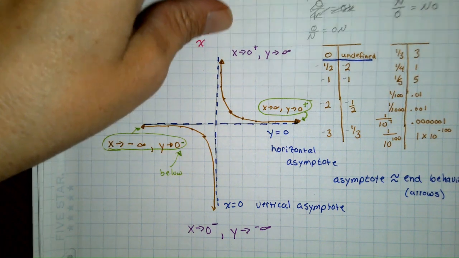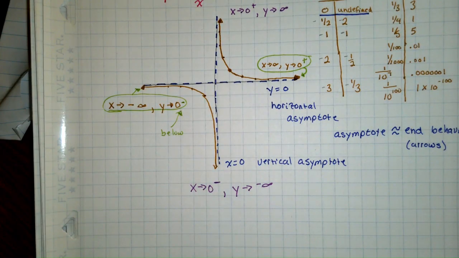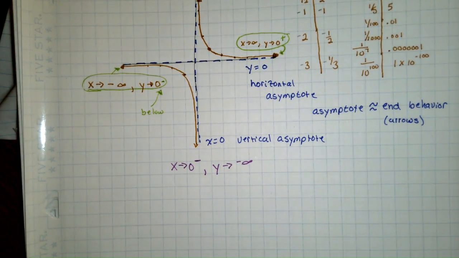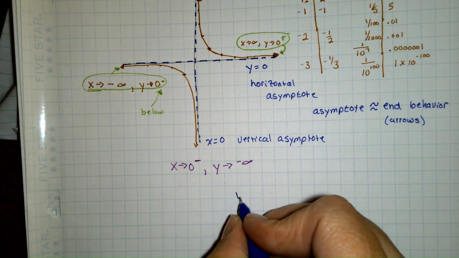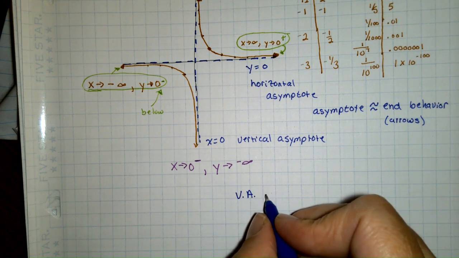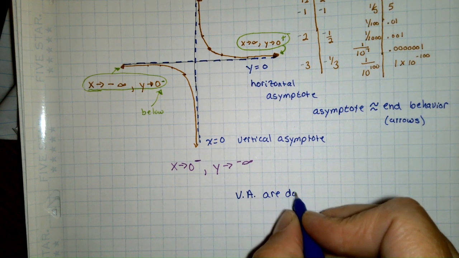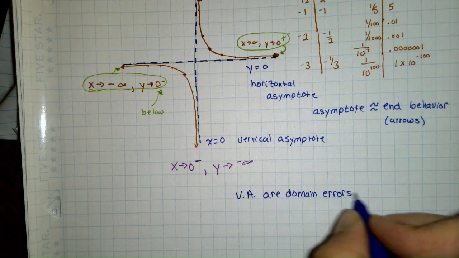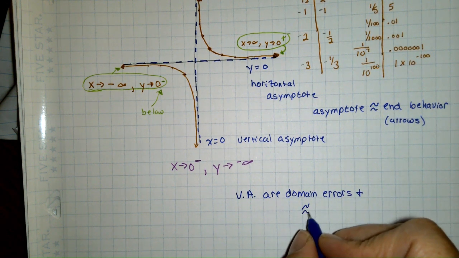Now, asymptotes are indicators of end behaviors. You can cross asymptotes. Okay? Vertical asymptotes are domain errors. And approximation of end behavior.